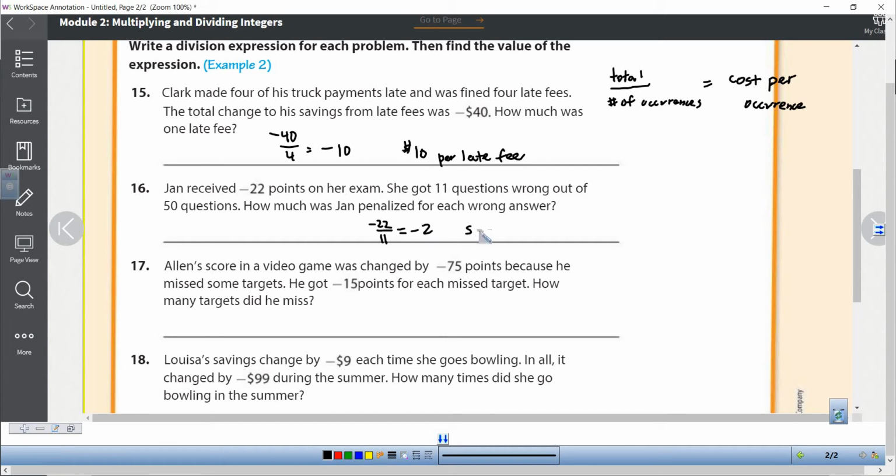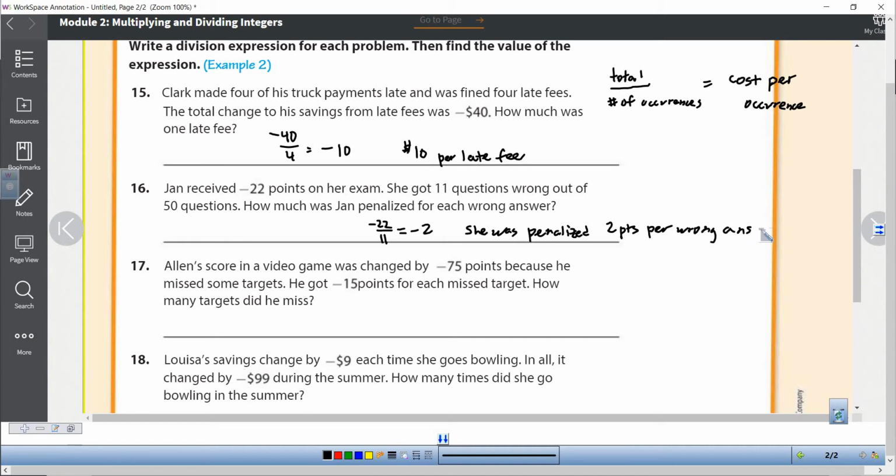So she was penalized 2 points for each wrong answer.